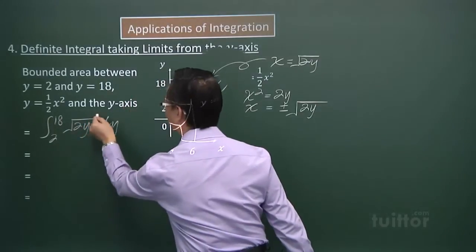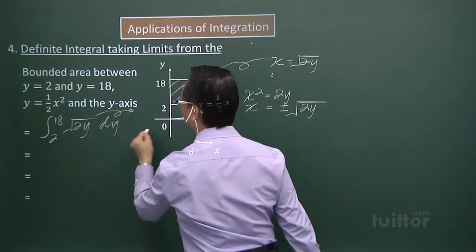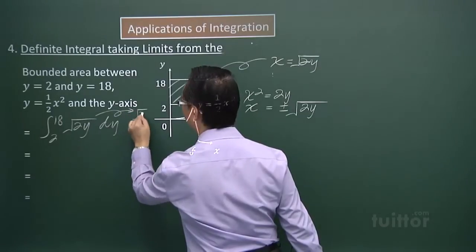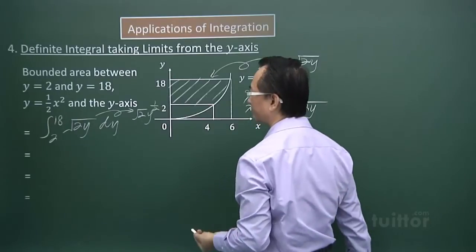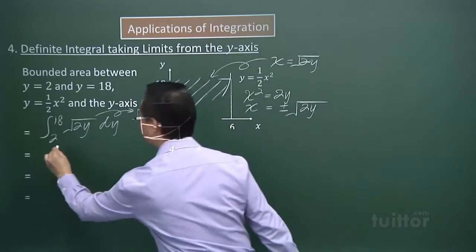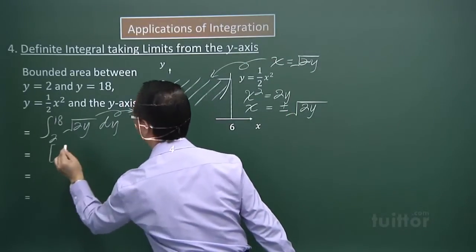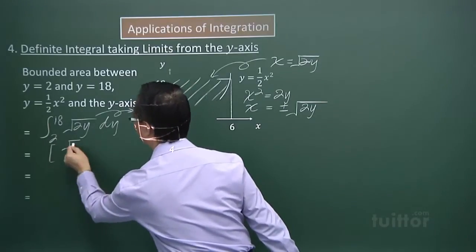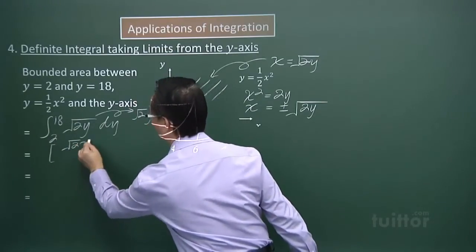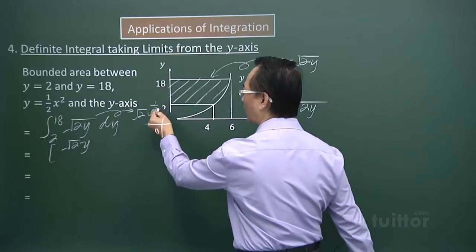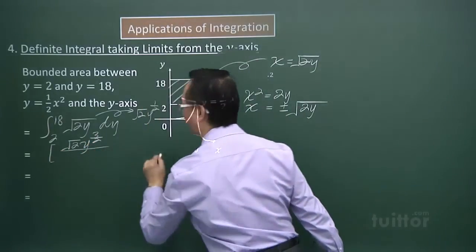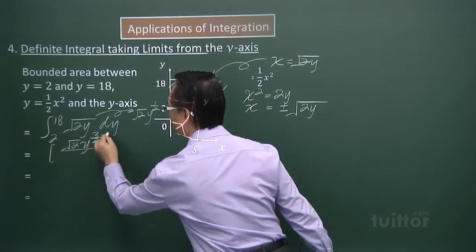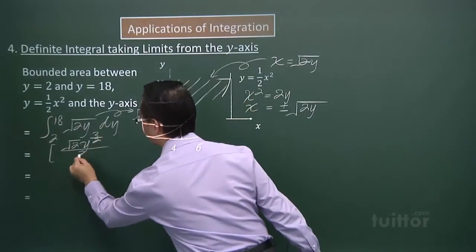So this expression is square root of 2 y to the power of half. So when I integrate that, I will have square root 2. I increase the index by 1, I'll get 3 on 2 over, this index becomes a divisor.